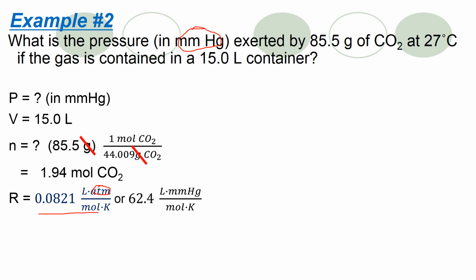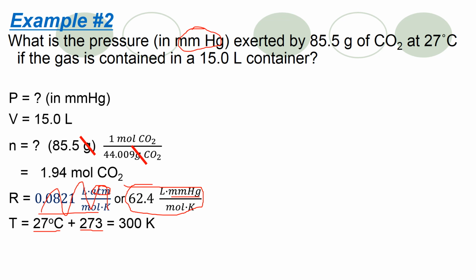So how about we use this value for R, because the units are already in millimeters of mercury. And so we can ignore this value for R, and we'll use the other one. Our temperature, remember 27 degrees C, we cannot use C. We have to add 273 to it, and so our temperature is 300 Kelvin.